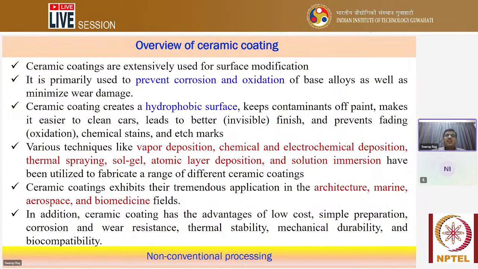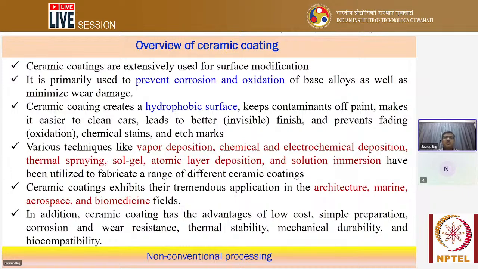Even if you put a very hard ceramic coating over the surface, it is possible to avoid wear damage of the surface. That is why a very thin layer of ceramic coating is nowadays very useful, and you can find lots of practical applications. You can see the ceramic coating over the alloy system.